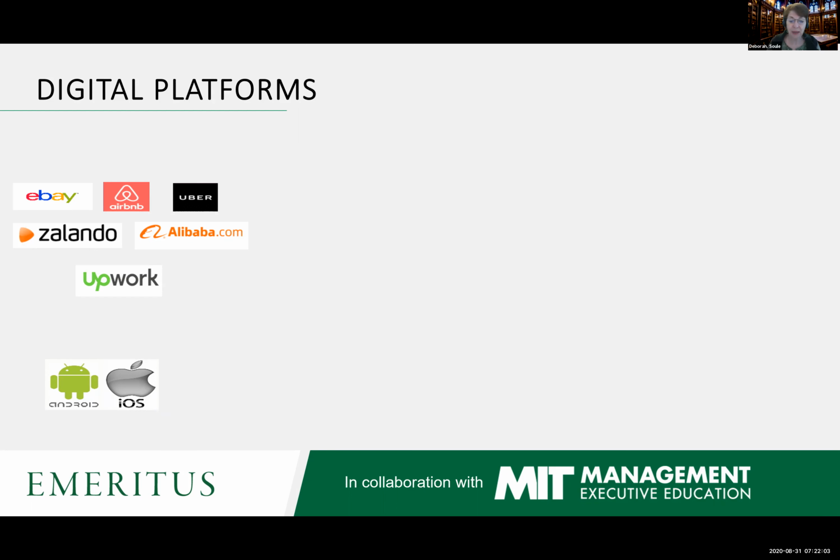Okay. Another way of thinking about platforms is in the social space. We have social platforms where there's not necessarily a direct transaction, or at least not originally, but the interaction is more of a social nature.